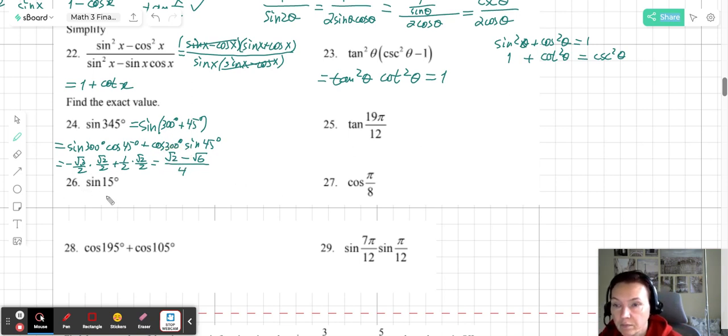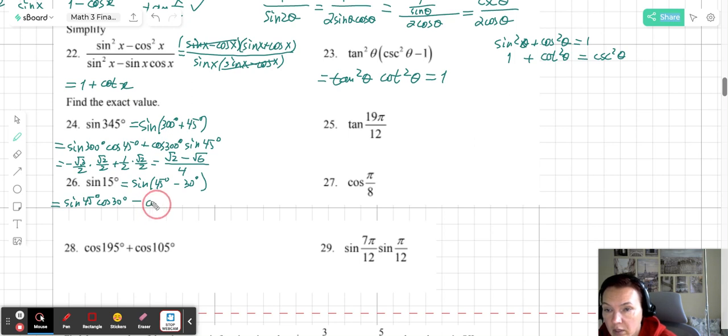Let's do sine 15. Well, let's do 45 minus 30. 45 degrees minus 30 degrees. You can use the half angle formula as well, so that's another option. So here you have sine 45 degrees cosine 30 degrees minus cosine 45 degrees times sine 30 degrees.